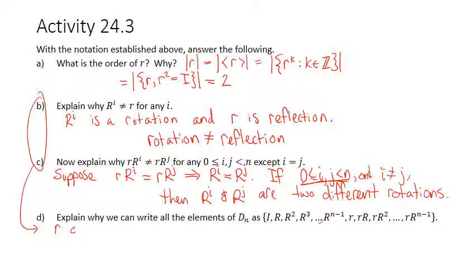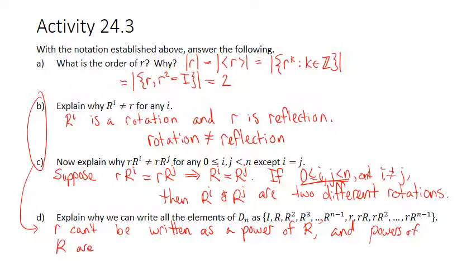Little r cannot be written as a power of big R, and powers of big R are unique in that restricted range that we talked about, where it starts at 0 and goes up to n minus 1.